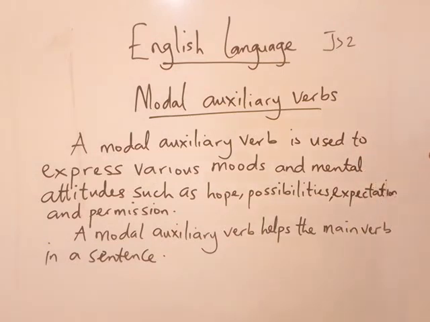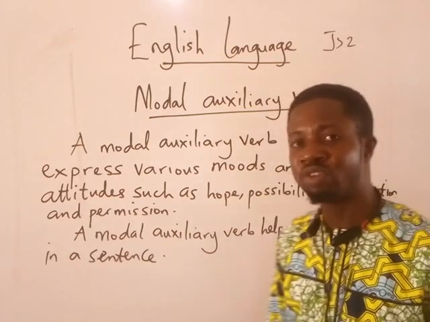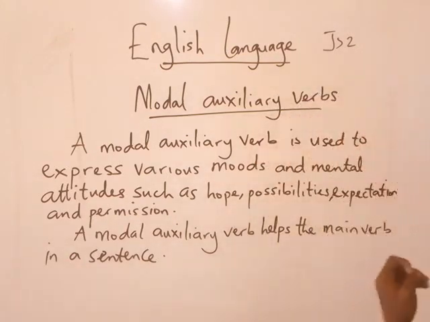What is a modal auxiliary verb? A modal auxiliary verb is used to express various moods and mental attitudes such as hope, possibilities, expectation, and permission. That means that they are verbs that we use to ask for permission.